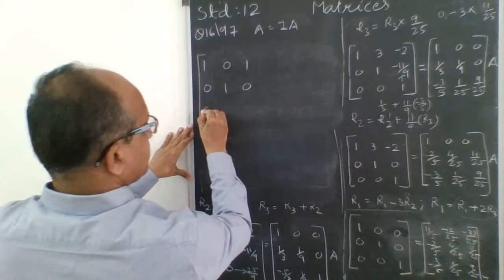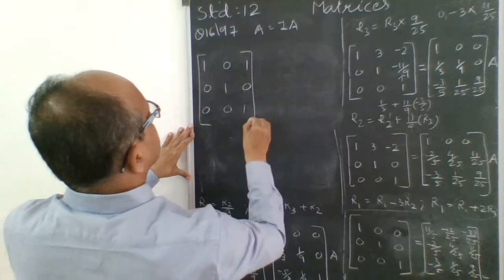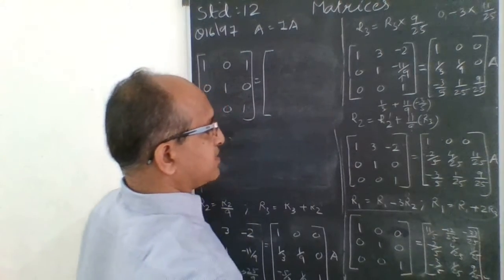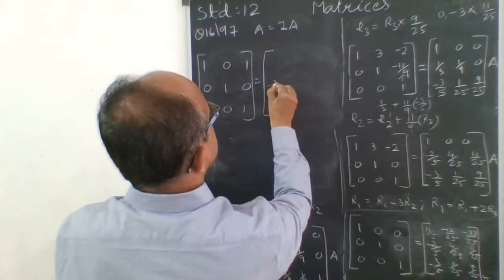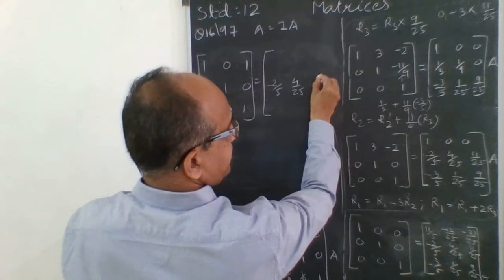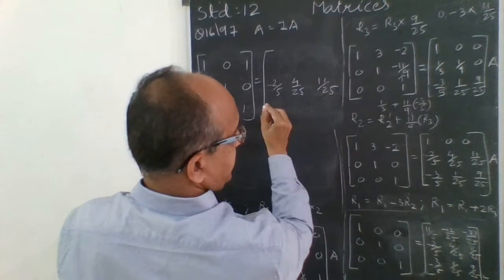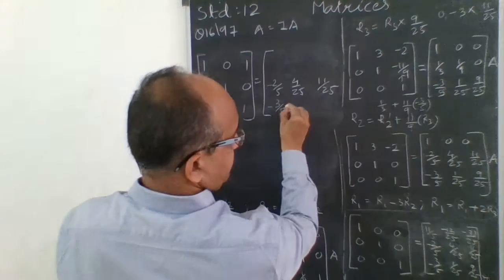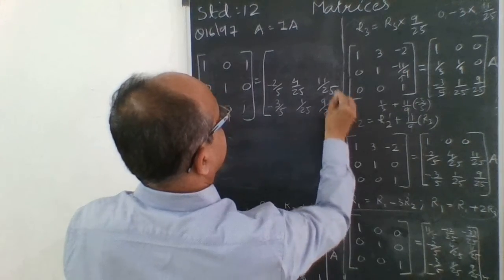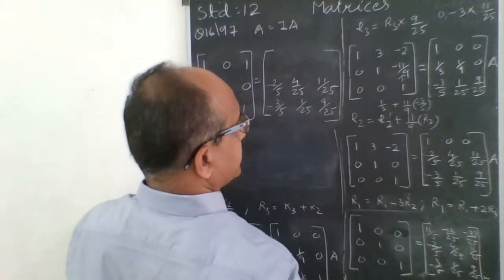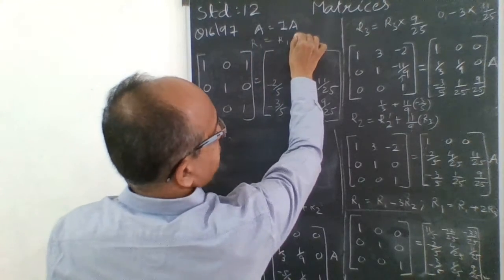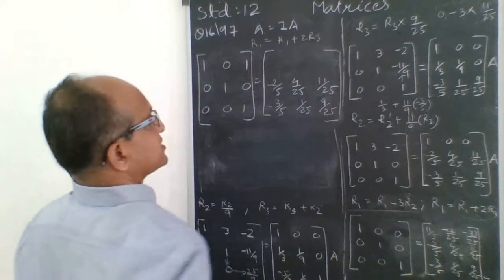We are changing R1, so R2 and R3 will remain as it is. 2 upon 5, 4 upon 25, 11 upon 25, minus 3 upon 5, 1 upon 25, 9 upon 25. Now see what we have to do here. R1 is equal to R1 plus 2R3. Yes.